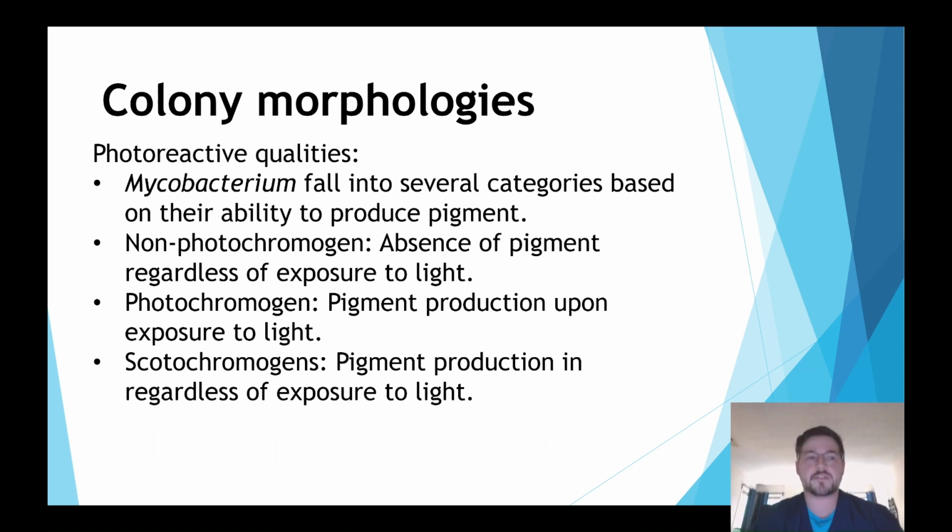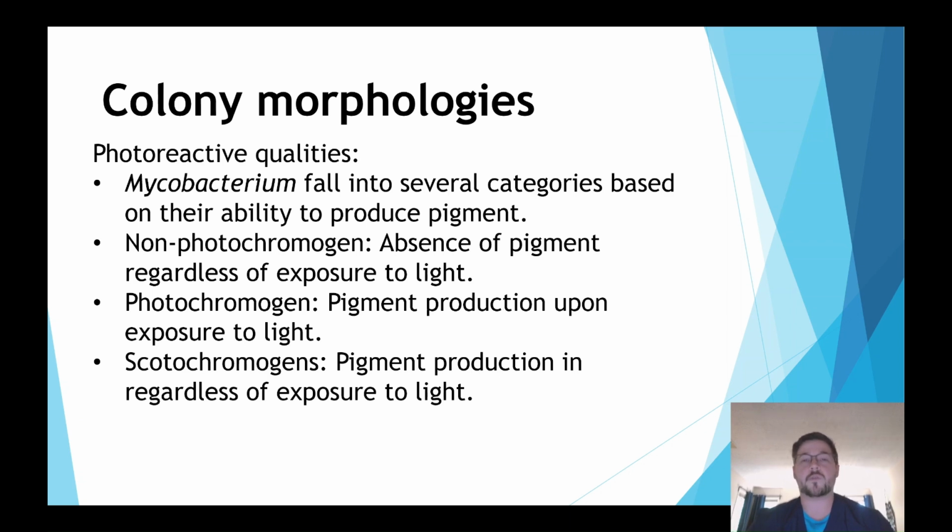Mycobacteria species fall into several different categories based on their photoreactive qualities. The 3 categories that they can fall into are non-photochromogen, photochromogen, or scotochromogen. Non-photochromogens are absent of pigment regardless of their exposure to light. For photochromogens, pigment production is dependent on exposure to light.